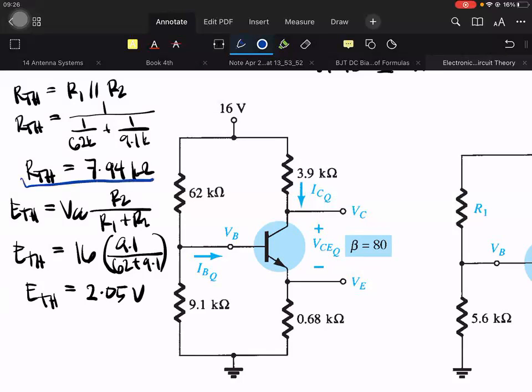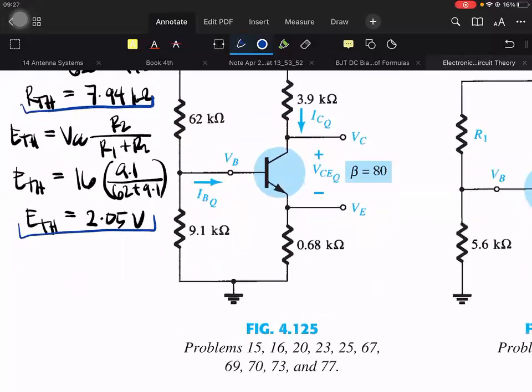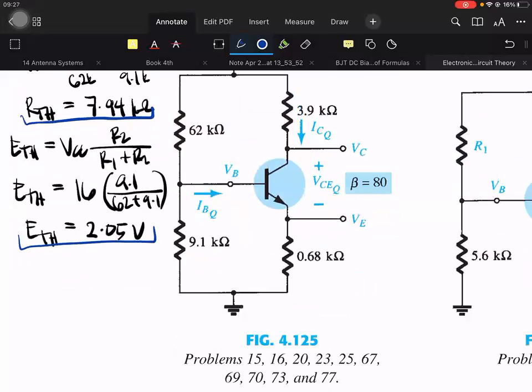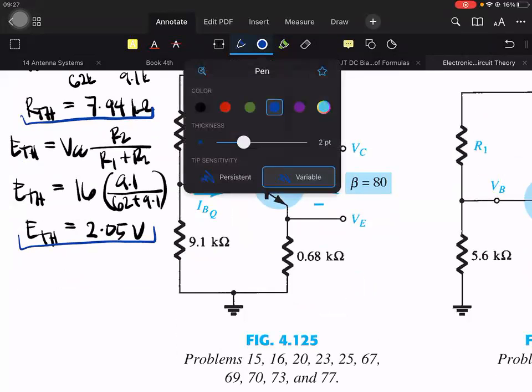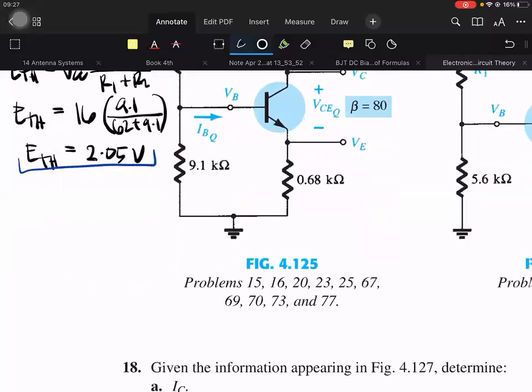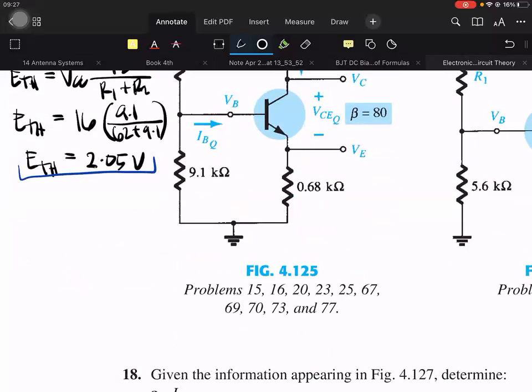After we obtain RTH and ETH, it's as if we return to the emitter bias analysis, so we refer again to the table. Convenient. Solving for IB. IB is, instead of VCC, ETH minus VBE over RB plus beta plus 1 RE.